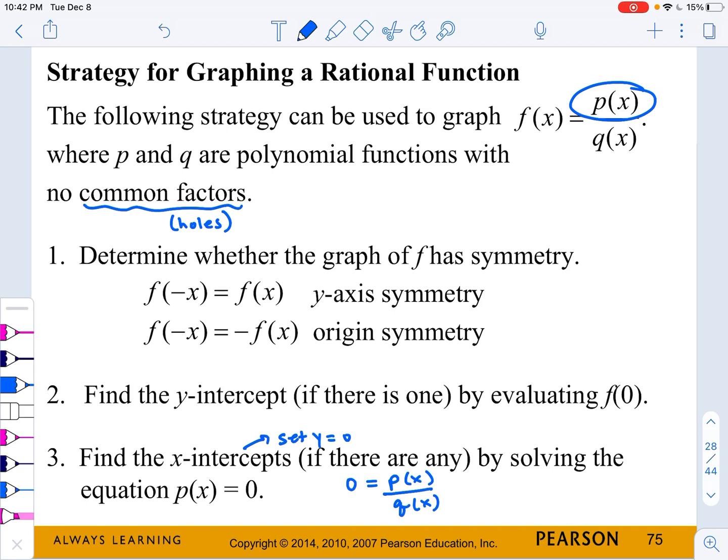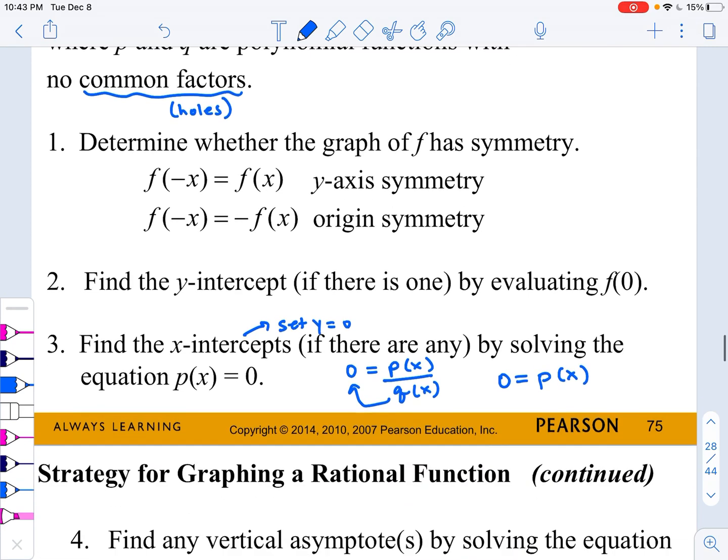Now, if I undo the divide by q of x by multiplying that over with the 0, that's going to leave us with 0 is equal to p of x. That's why they say you just have to set the numerator equal to 0 to find x-intercepts, because once you undo that denominator over to the other side, it becomes a 0.